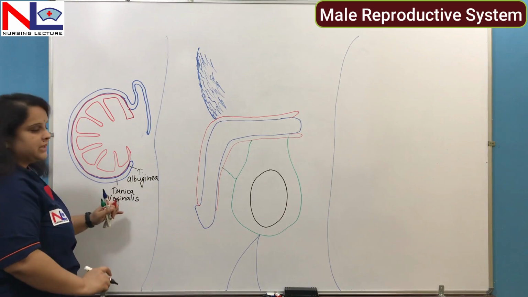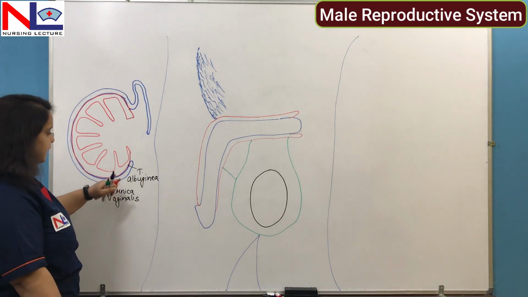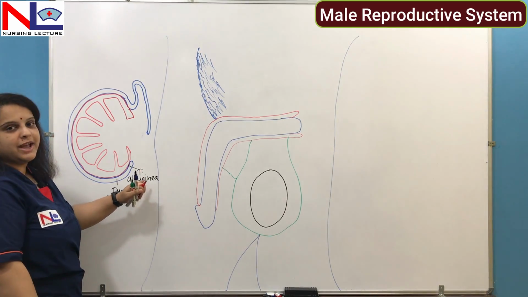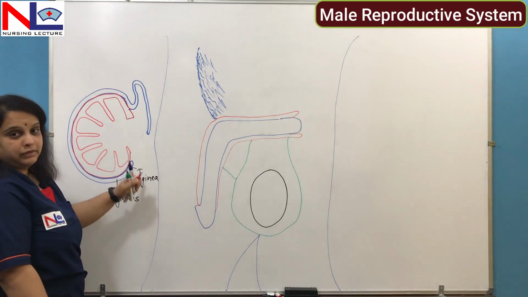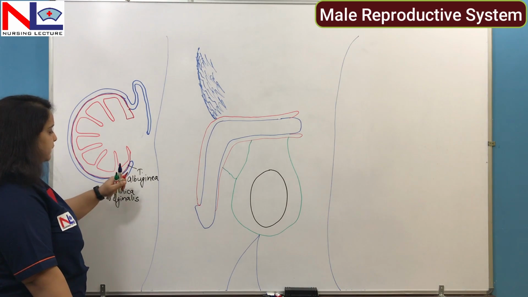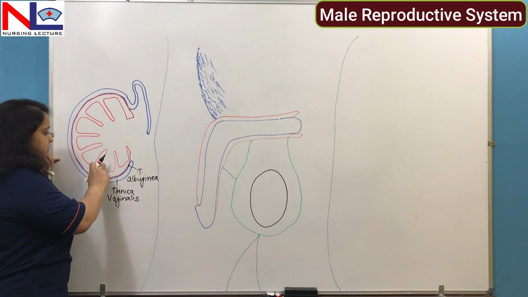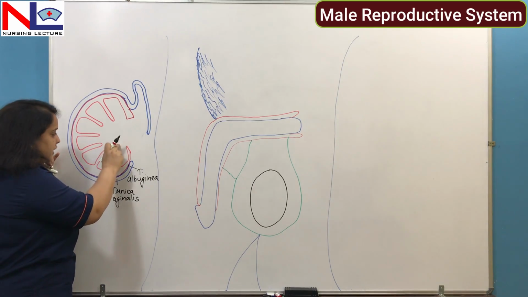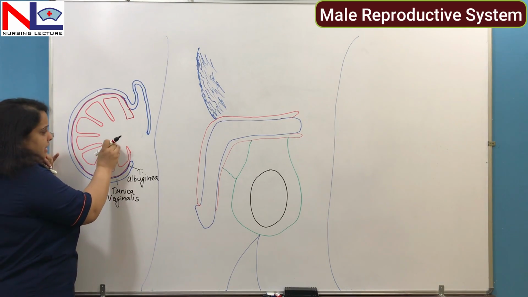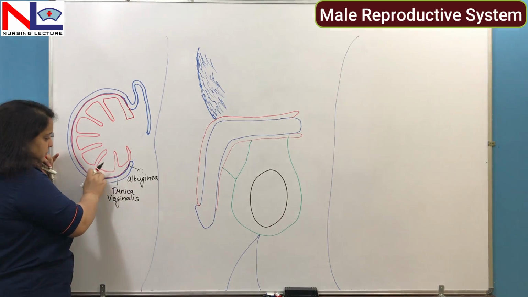The tunica vaginalis is a serous lining, parietal and visceral, and the tunica albuginea is a white fibrous lining. Fibrous connective tissue is there in the tunica albuginea, and it moves in and forms various lobules. There are various extensions, with the apex pointing inward and the base at the periphery.